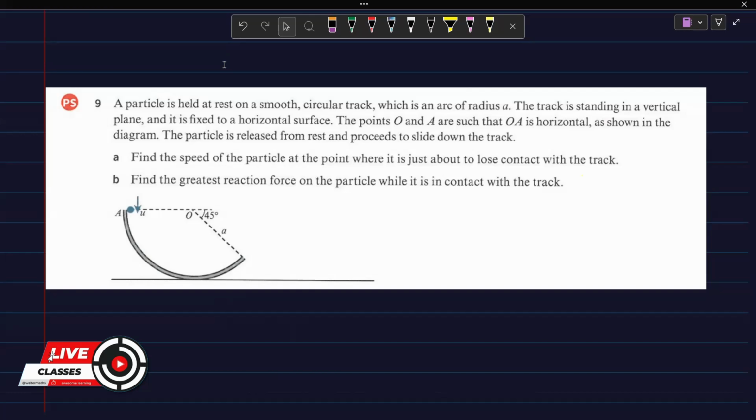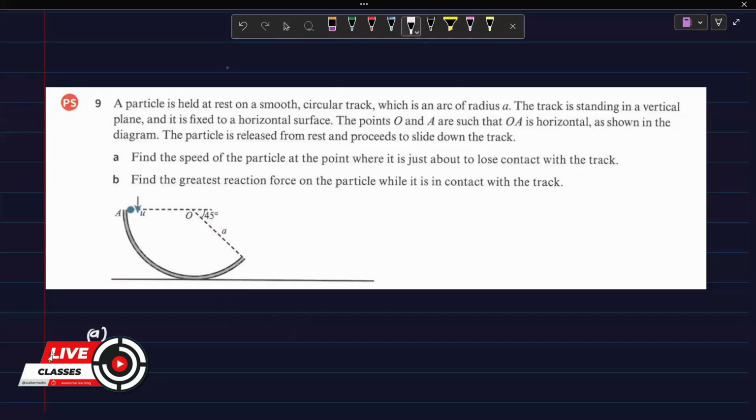The points O and A are such that OA is horizontal, as shown in the diagram. The particle is released from rest and proceeds to slide down the track. So on part A, find the speed of the particle at the point where it is just about to lose contact with the track. All right. So we want to answer that first part.